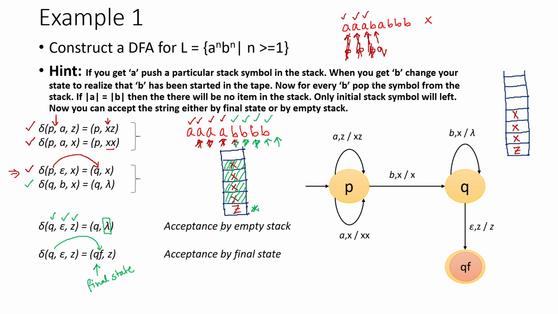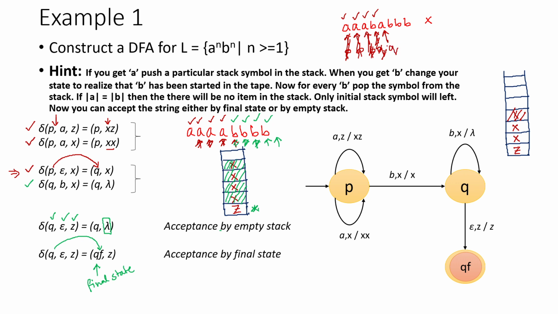And nothing will happen on the stack. Fine. So now this one will be read: Q on B. What is given? Q on B and top of the stack is X, so Q lambda. That means this particular part will be popped out. So I am just crossing out what I have written over there. So your pointer moves here. So now what is the situation?